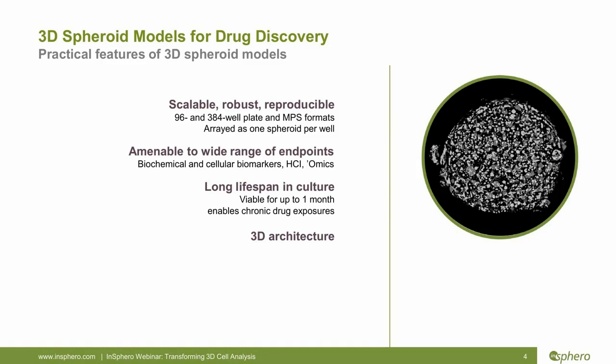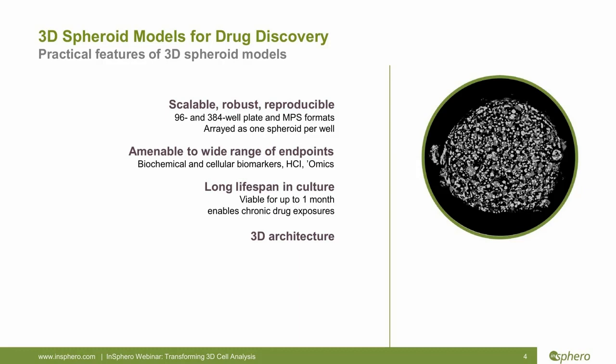For the purposes of today's talk, I'm going to focus on a very specific type of 3D in vitro model, multicellular 3D spheroids. 3D spheroids are very attractive models for drug discovery applications. Like 2D models, they are scalable, robust, and their uniform size and cellular composition leads to reproducible data. They're also amenable to a wide range of endpoints.